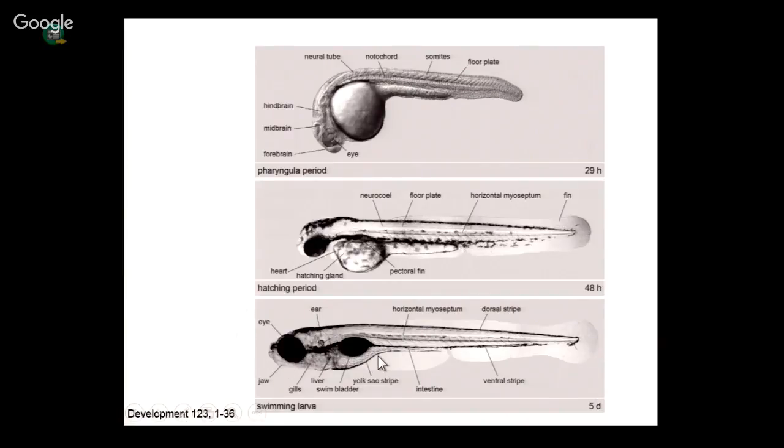That means all of the internal organs are already developed, and they are able to move, eat, and swim. So it becomes a very good model to study early development and also the development of organs. It is also a vertebrate, so that's why it is a very important model for vertebrate development nowadays.